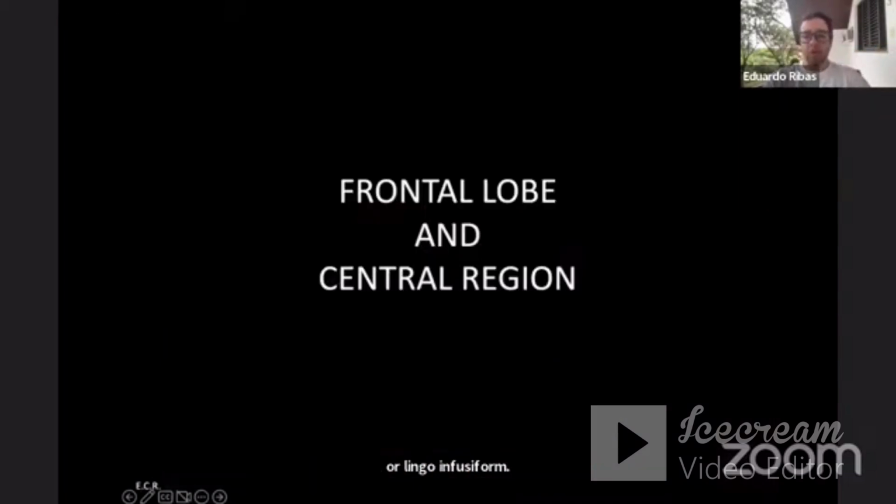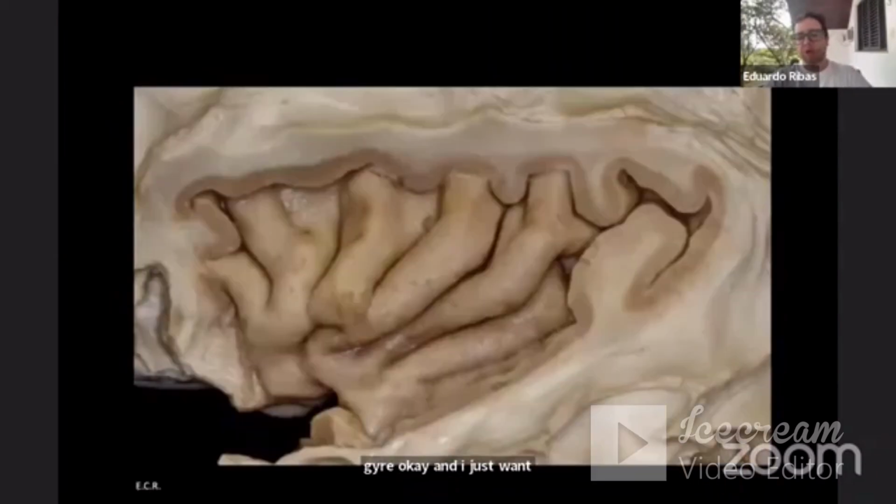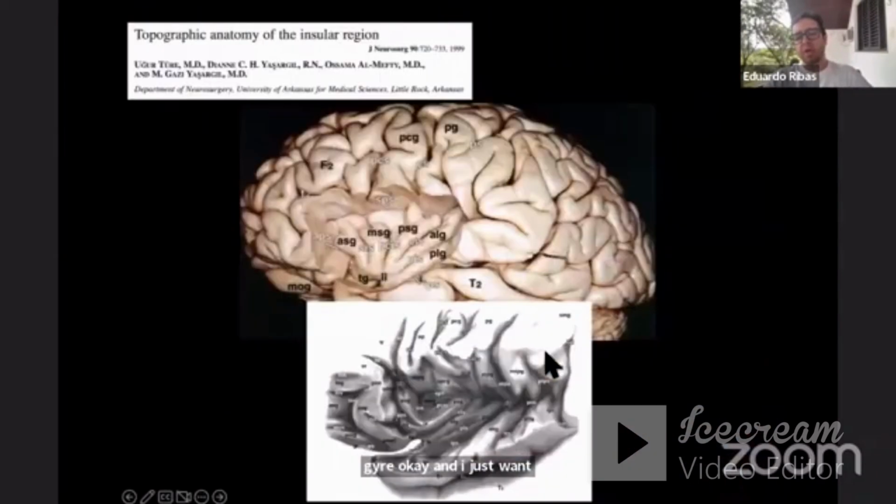And I just want to end my lecture showing the arrangement of the insula. The Turkish people are very proud of having Dr. Ture and Dr. Yasargil, and they came up with this very elegant paper, a little bit old, but still very recent. About 25 years ago, they came up with this paper, and they put the names of all these insular structures.